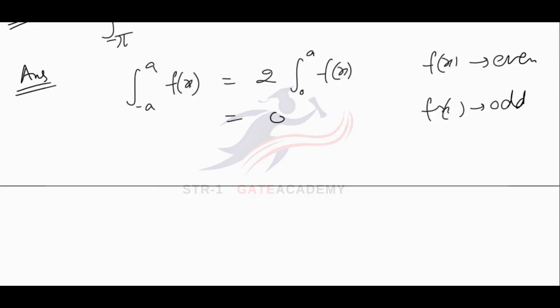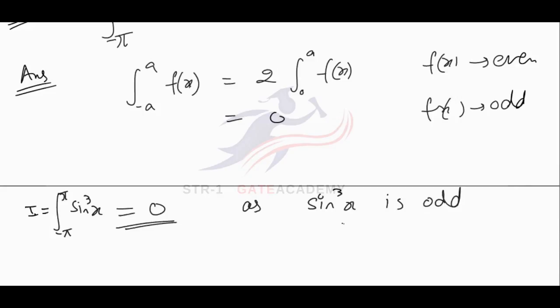So is f(x) odd or even? f(x) is odd, so it will simply become 0, as sine cube x is odd. That's it.